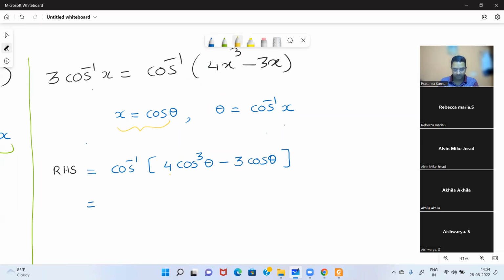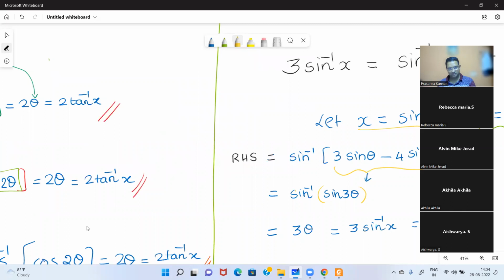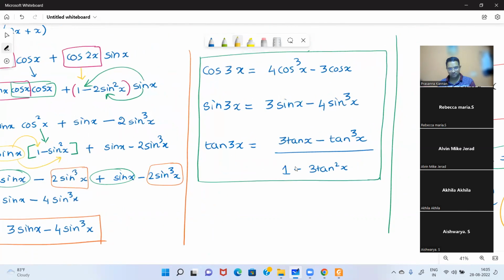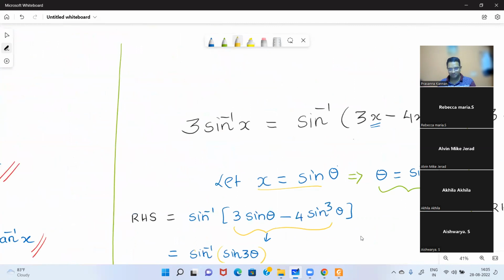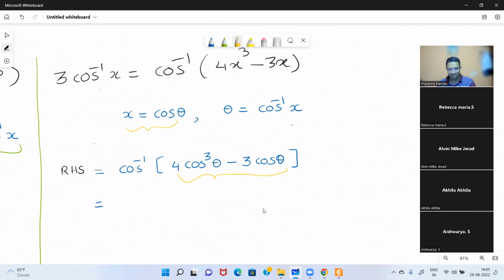Have you seen this somewhere? Yes, sir. What is it? Cos 3x. What is cos 3x? 4 cos cube x minus 3 cos x. Exactly. So this is going to be cos inverse of, what is this whole thing?